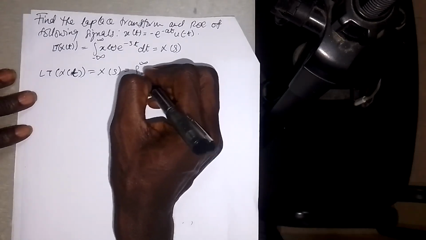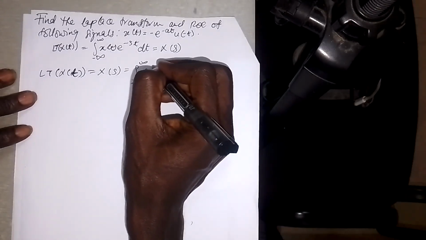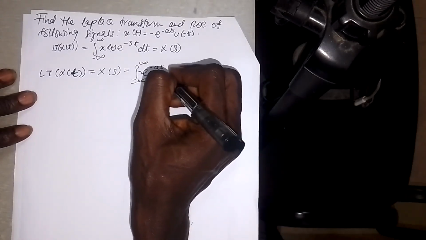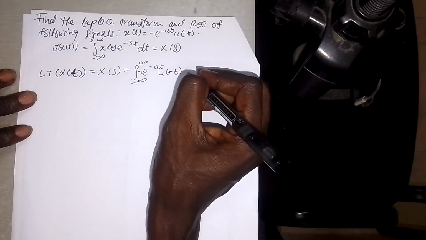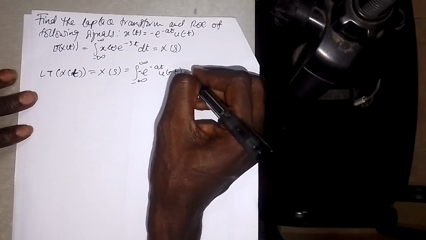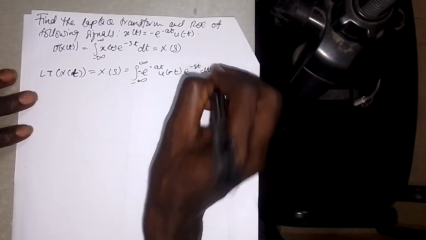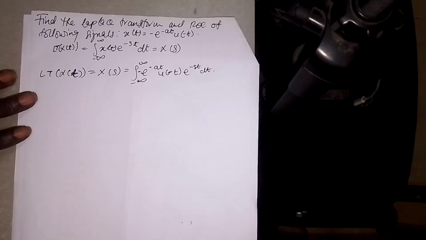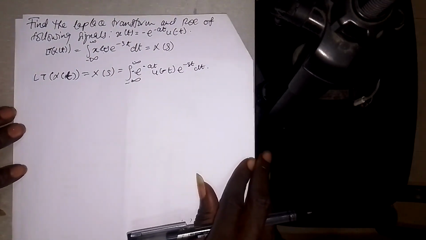So here I can put minus e to the power of minus at, times u of minus t, times e to the power of minus st dt.